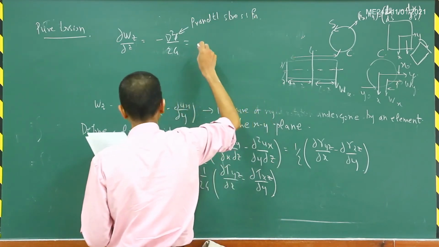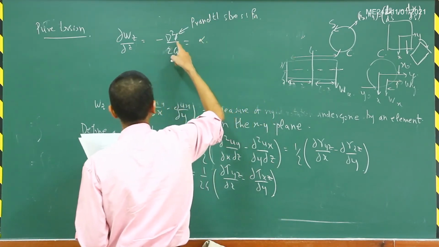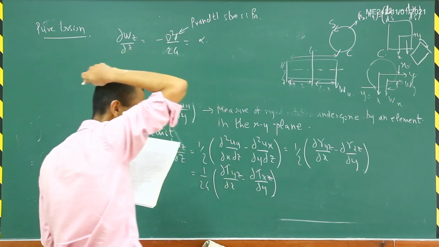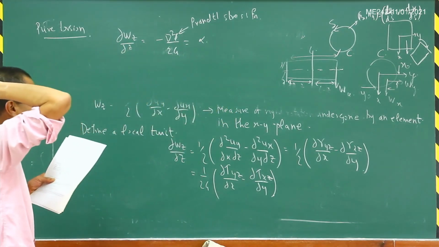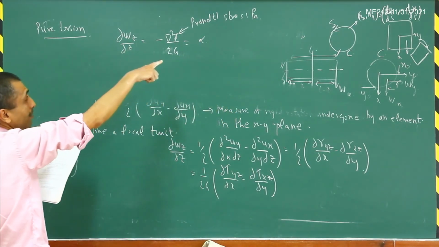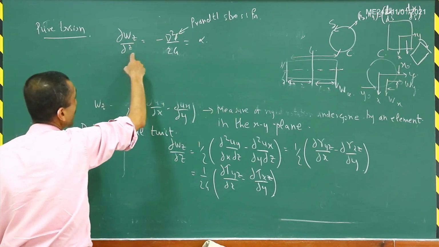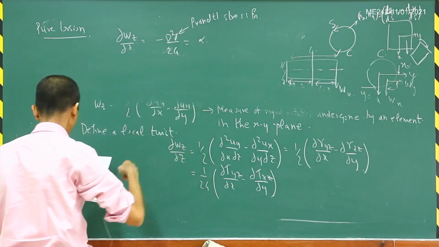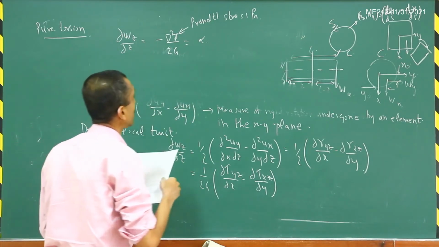In the case of torsion we know that del square phi is minus 2g alpha, so there we will get that del omega z by del z is alpha. So that is basically the twist.